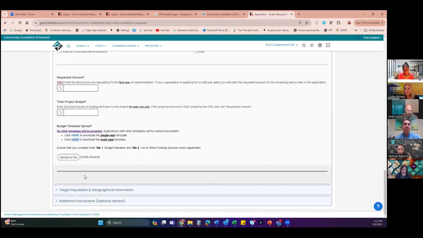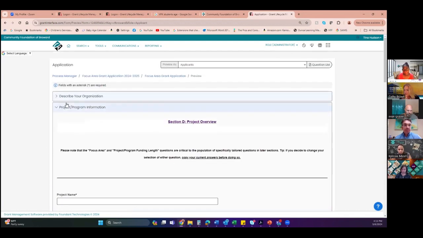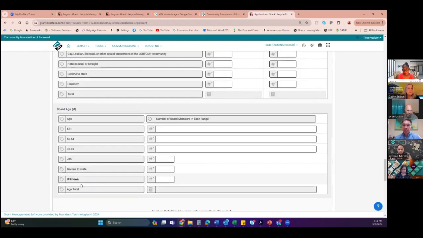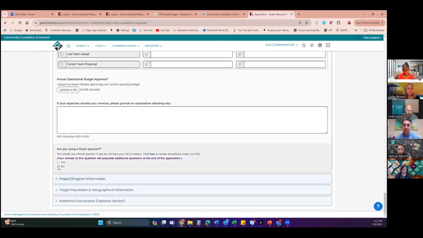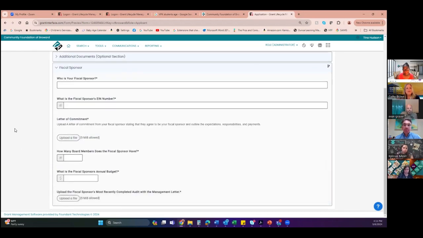What we didn't talk at all about, though, Tina, was fiscal sponsorship. I don't know how many organizations on this call would be in that boat, but if someone has a brand new nonprofit that doesn't yet have a 501(c)(3), we only fund organizations that do have that designation and can show proof of work for at least the last 2 years. But a brand new organization could possibly work with another organization that does have a 501(c)(3).